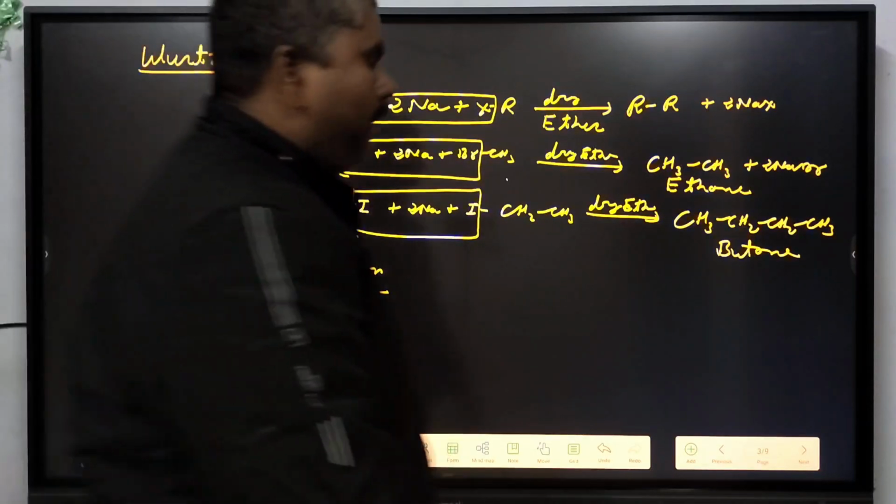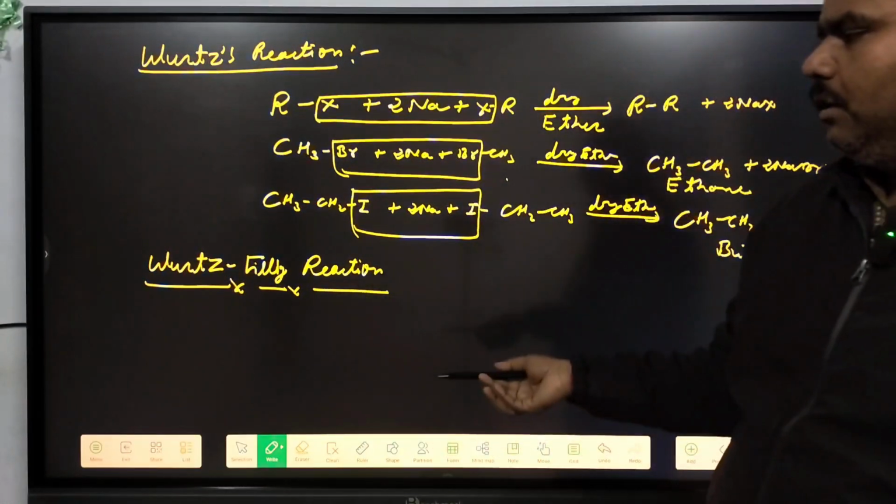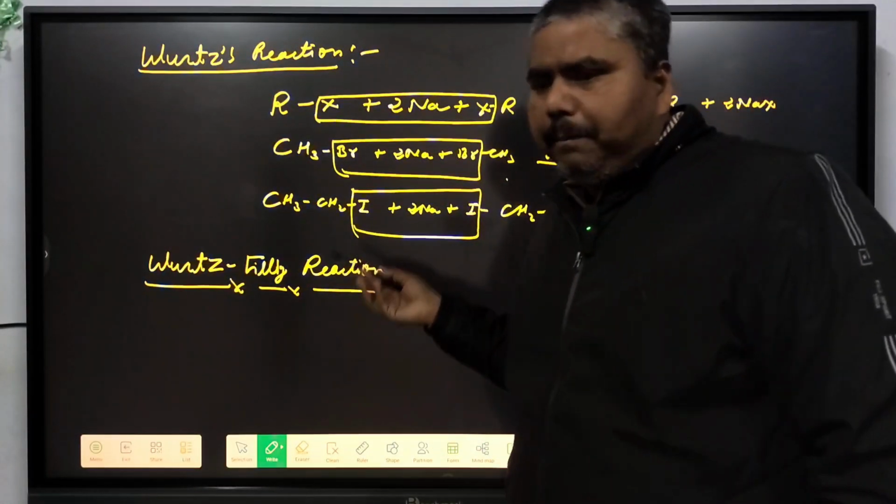Next reaction is Wurtz-Fittig reaction. This reaction is used to prepare alkyl benzene.